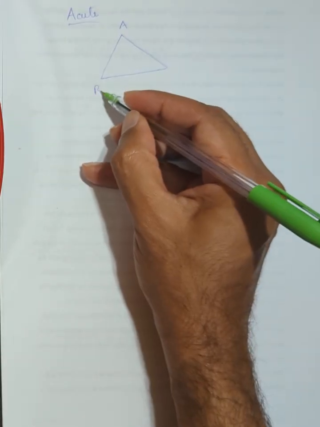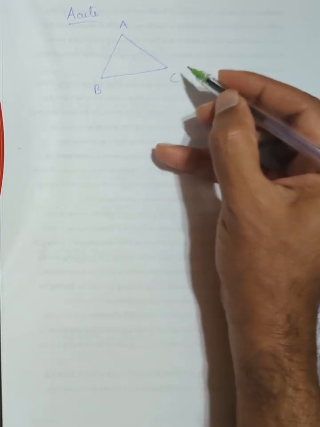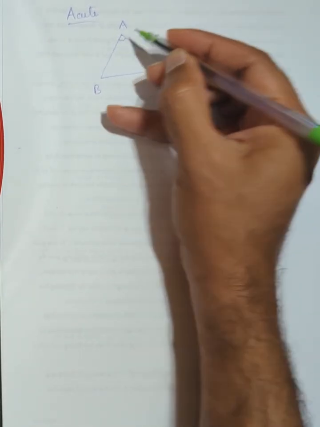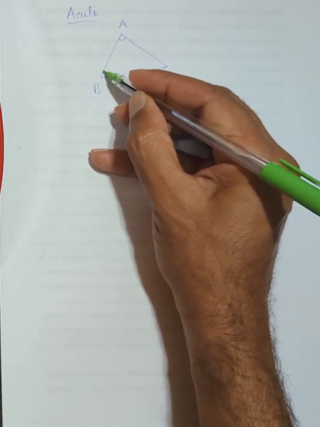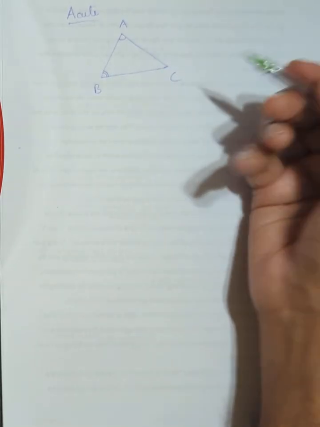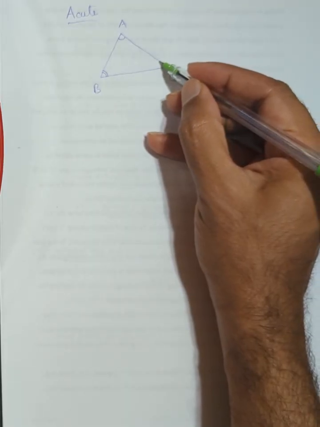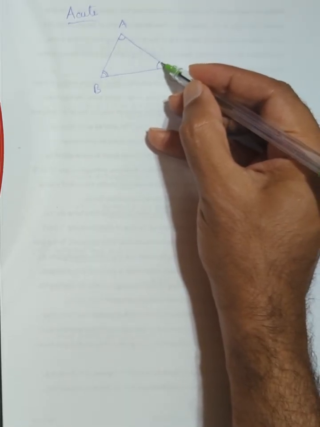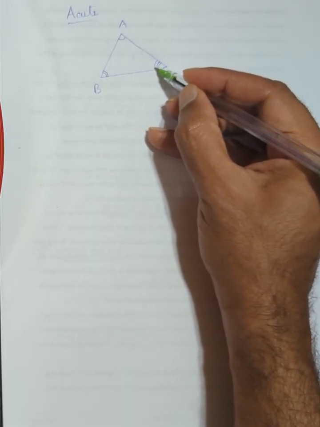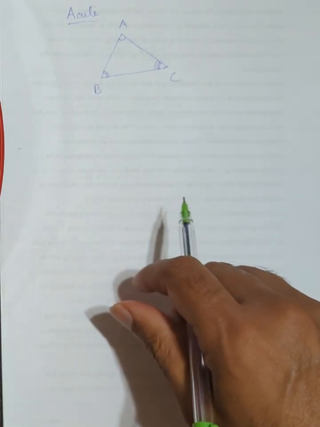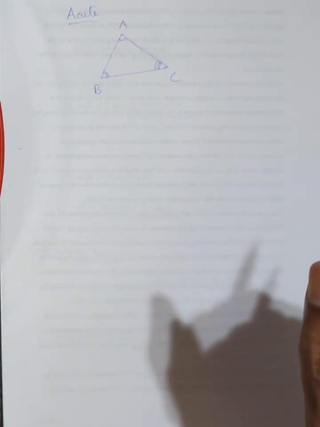So A, B, and C. So A is less than 90 degrees, B is less than 90 degrees, and I'm not saying they're equal. That's why I'm using a different number of arcs to denote them. And C is also acute. That's called an acute triangle.